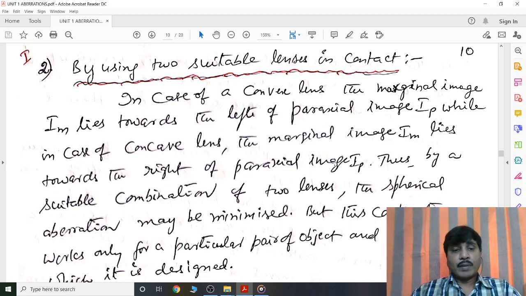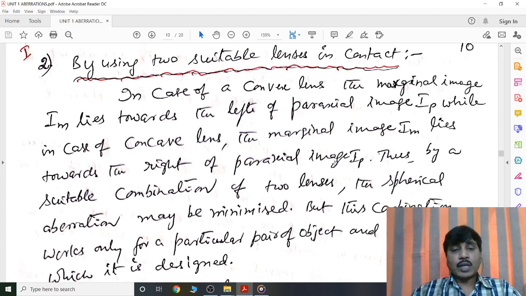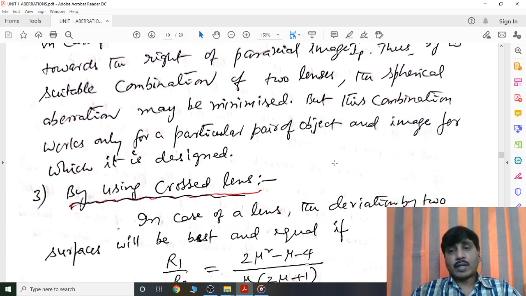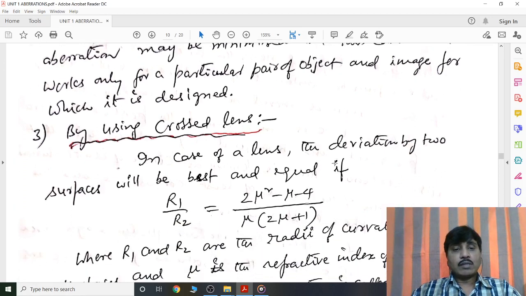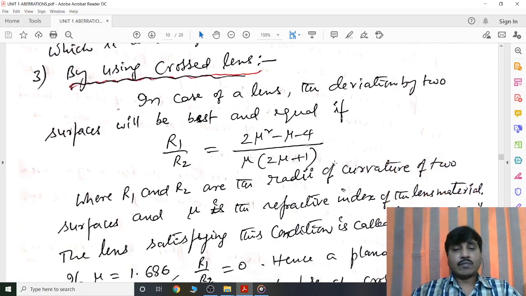Thus, by a suitable combination of convex and concave lenses, the spherical aberration may be minimized. But this combination works only for a particular pair of object and image for which it is designed. The next method is by using cross lens.